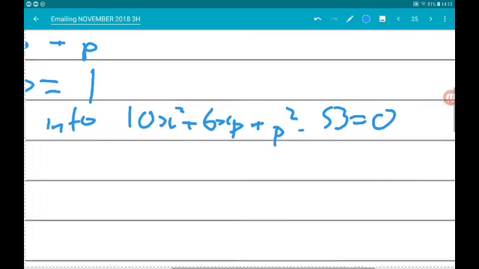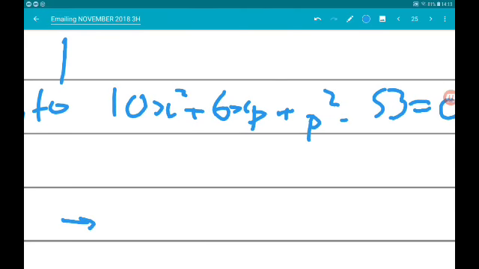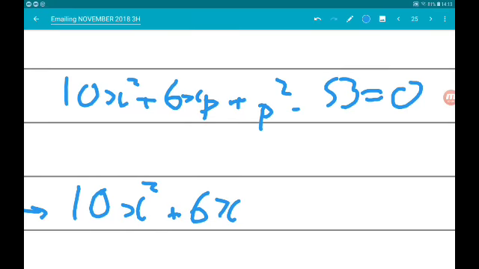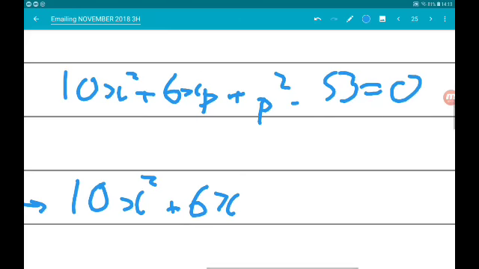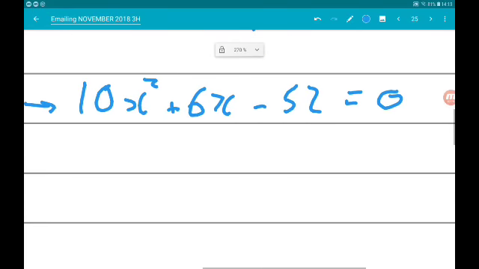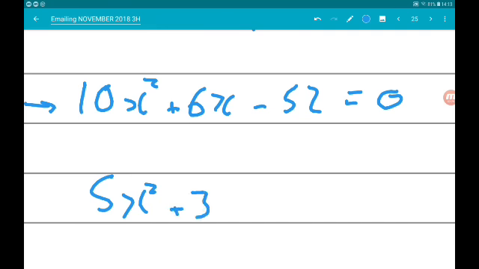So that's going to give us 10x squared add 6x, and then we've got add 1 minus 53, so that's minus 52 is equal to 0. Now thankfully in that there is a common factor of 2 that we can divide away, so we're going to get 5x squared add 3x minus 26 is equal to 0.